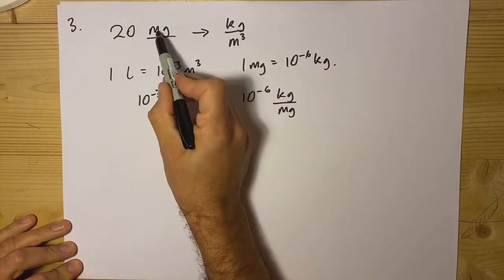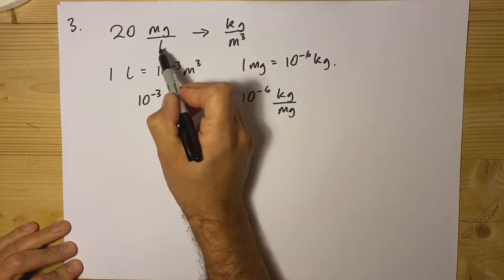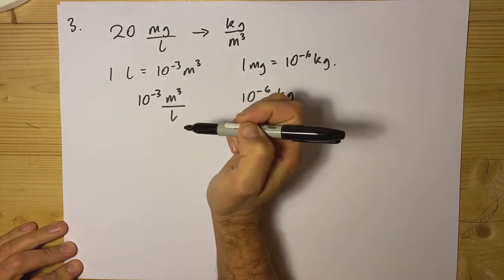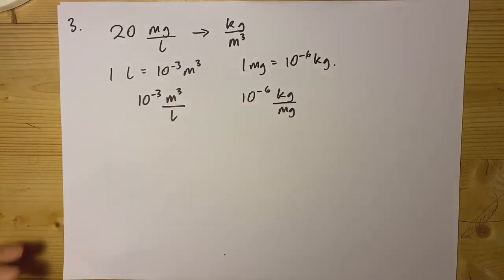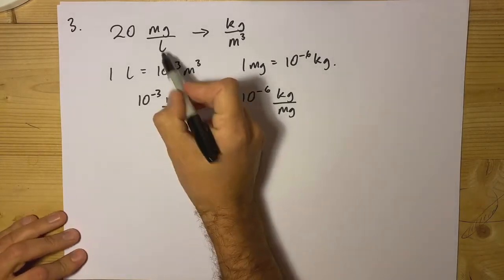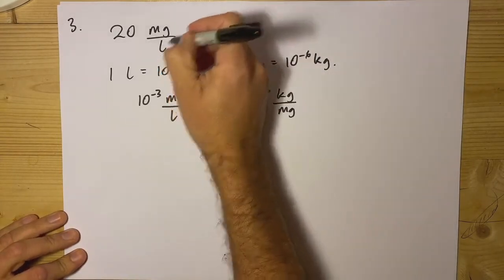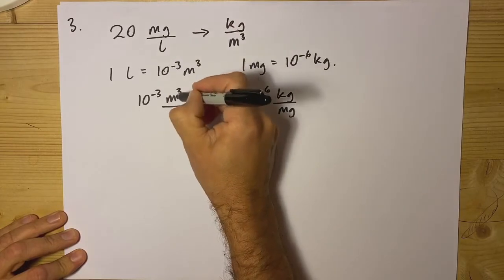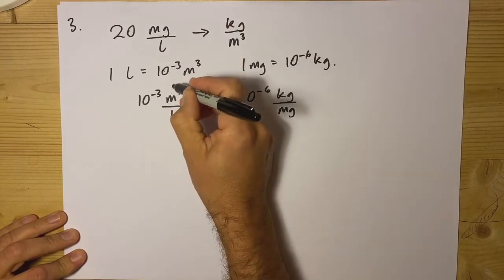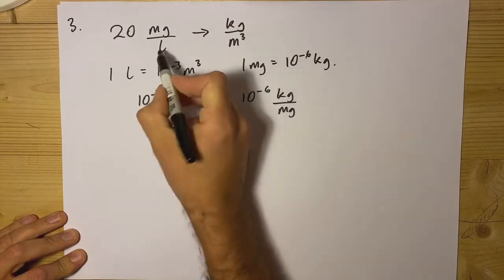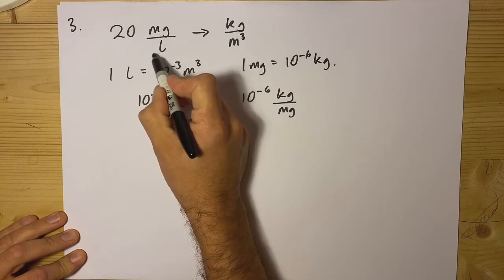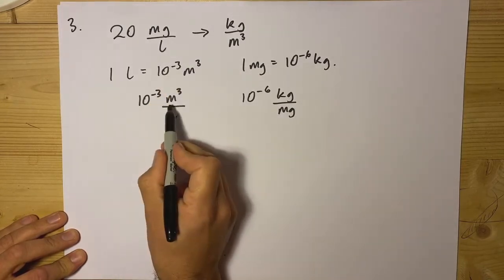So here, if we just look at litres, we want to have the litres on the top, basically, so we want this in the format of litres per metre cubed in order to help us cancel out this litre. So at the minute, we've got metres cubed per litre.